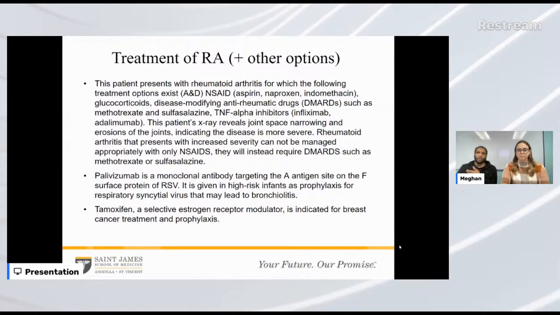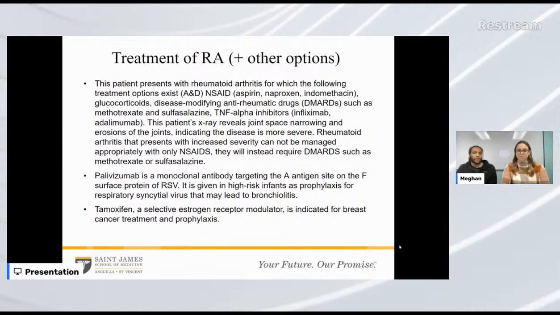So some examples: methotrexate, which was the answer here, and sulfasalazine. There are TNF alpha inhibitors such as infliximab and adalimumab. Depending on where your patient is in their symptoms would depend on what you choose.